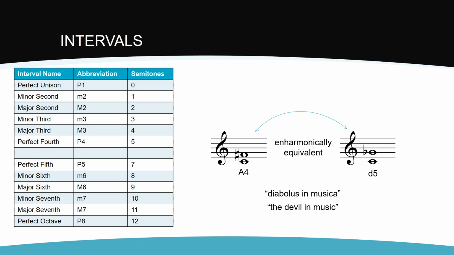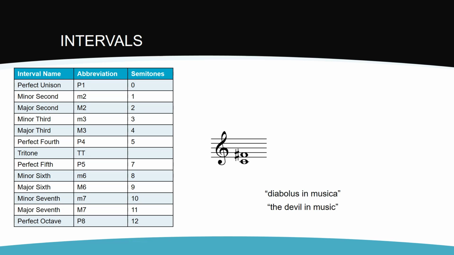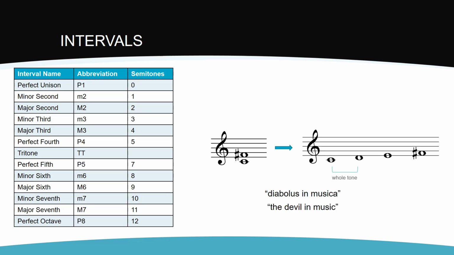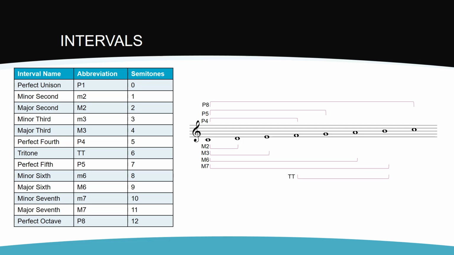Today, we often refer to this interval as the tritone, because it spans the distance of 3 whole tones. The tritone can be spelled as either an augmented fourth or a diminished fifth on the staff, but it will always contain 6 semitones. The tritone occurs naturally in the major scale between Fa and Ti.